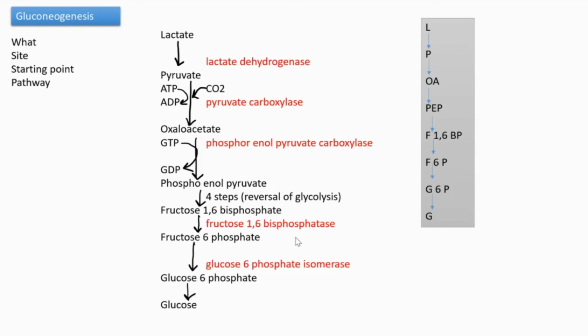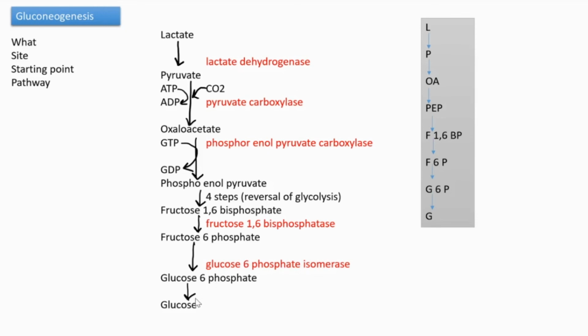And as the fructose 6-phosphate is formed here, what is the next step? We need to convert the fructose 6-phosphate to glucose 6-phosphate. How is glucose 6-phosphate formed from fructose 6-phosphate? With the help of an isomerization reaction, fructose 6-phosphate is converted to glucose 6-phosphate.